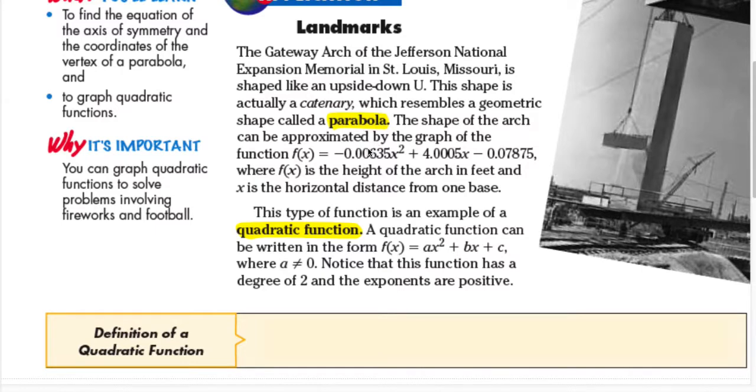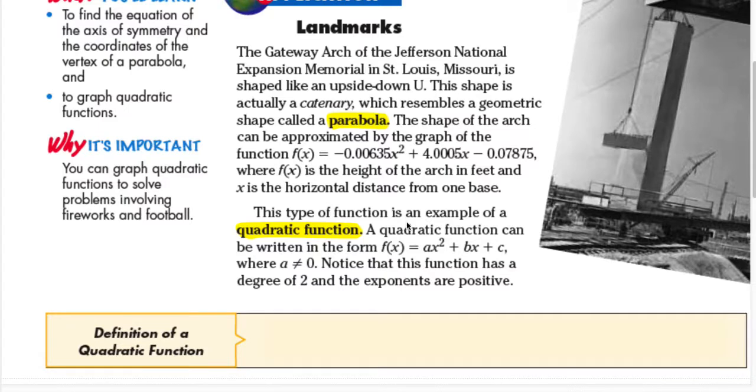The shape of the arch can be approximated by the graph of the function f of x equals negative 0.00635x squared plus 4.005x minus 0.07875, where f of x is the height of the arch in feet, and x is the horizontal distance from the base.